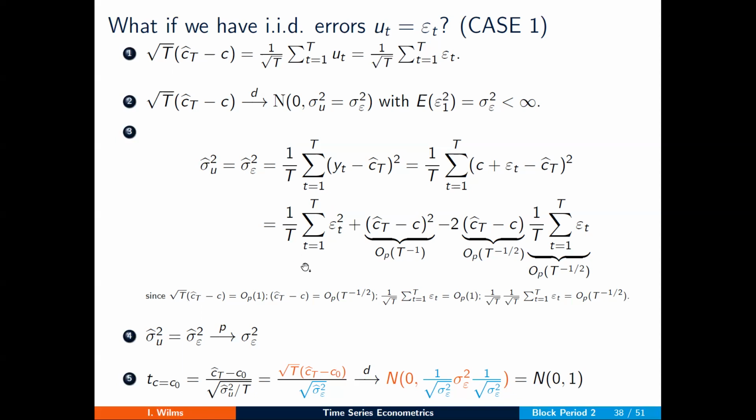And we know that this term converges to the second moment of the error terms, which is nothing more than the variance of the errors. So what do we have? The sample variance, of course, converges in probability to its population counterpart, as we would expect. And so then we are also ready with the denominator.